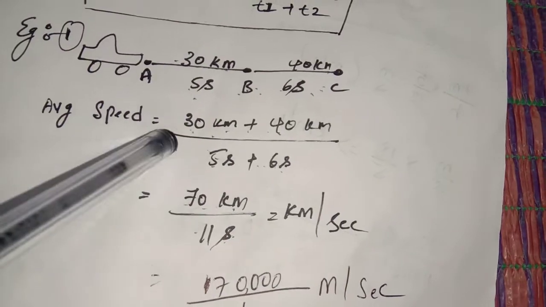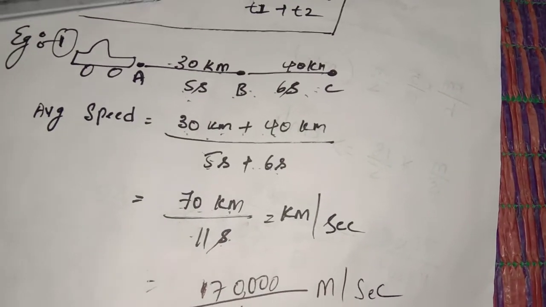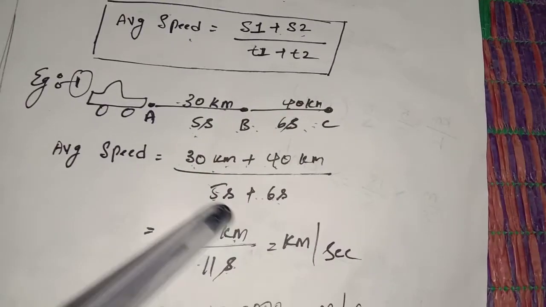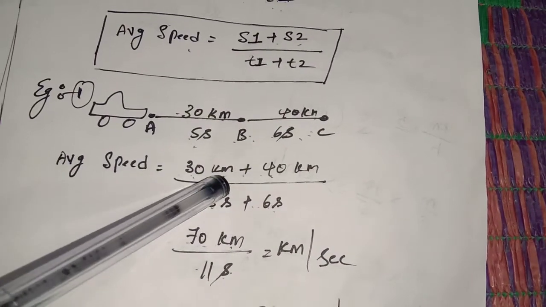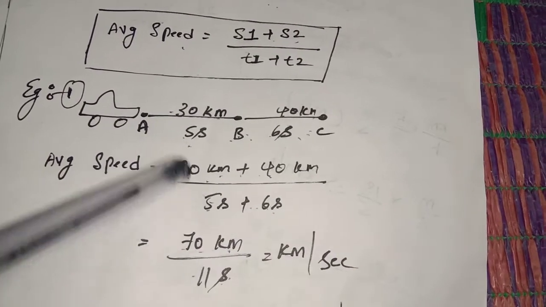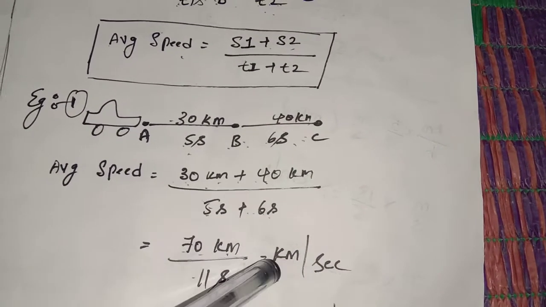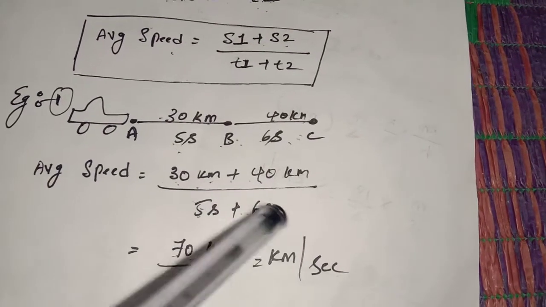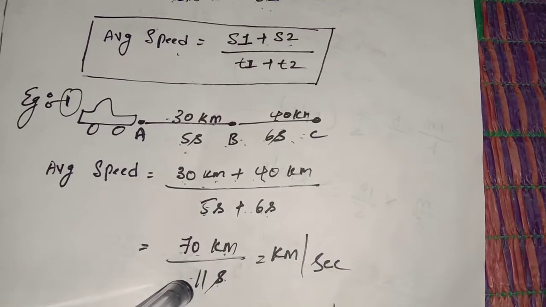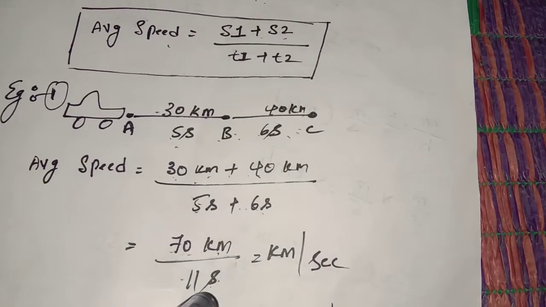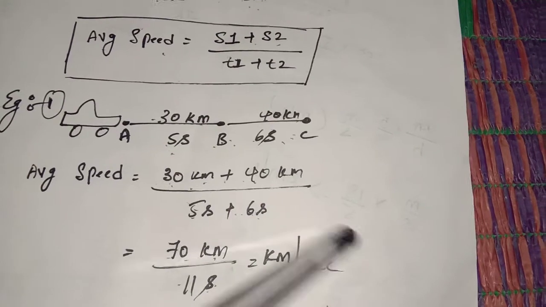The formula: average speed is equal to total distance divided by total time taken. So we take 30 km plus 40 km divided by 5 seconds plus 6 seconds. That is 70 km divided by 11 seconds. So the total is 70 by 11 km per second. That is the answer.